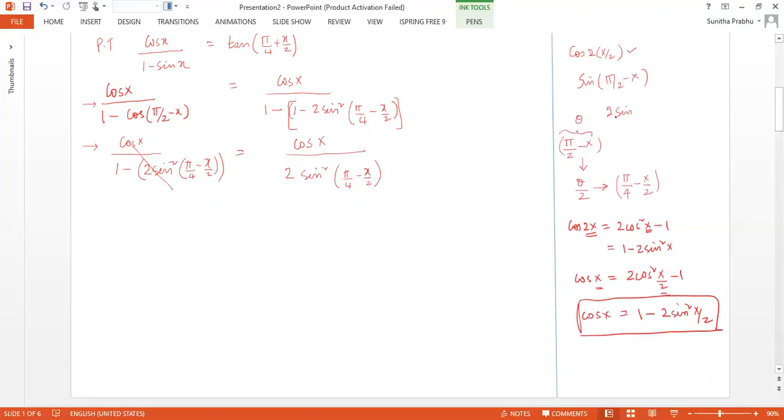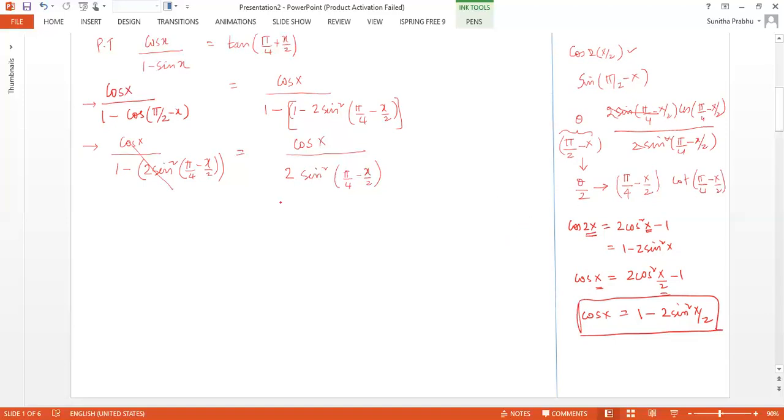So I can get 2 sine half of this angle, pi by 4 minus x by 2, into cos pi by 4 minus x by 2. So here I have 2 sine square pi by 4 minus x by 2, correct? So if I knock this off, I will get cot of pi by 4 minus x by 2 is the answer.